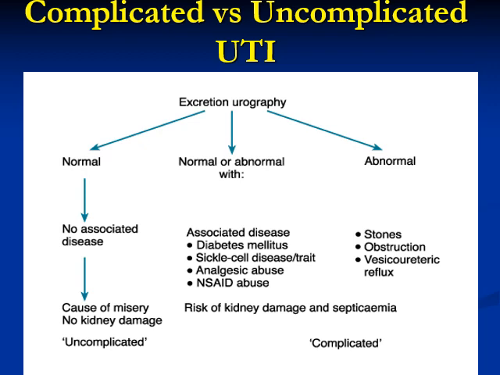And here there is a high risk of kidney damage and septicemia. But if there is neither an abnormality of the urinary tract as shown by the excretory urography, nor a systemic disease predisposing to infection, this is considered an uncomplicated urinary tract infection, and there is a very low risk of kidney damage and septicemia.